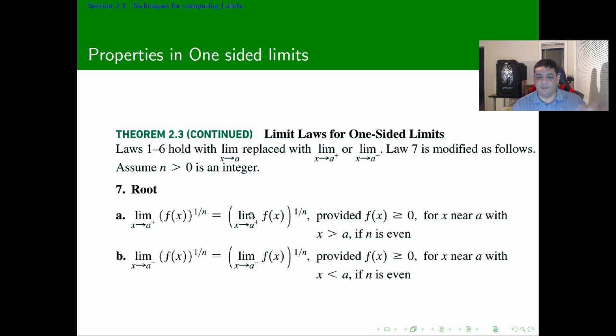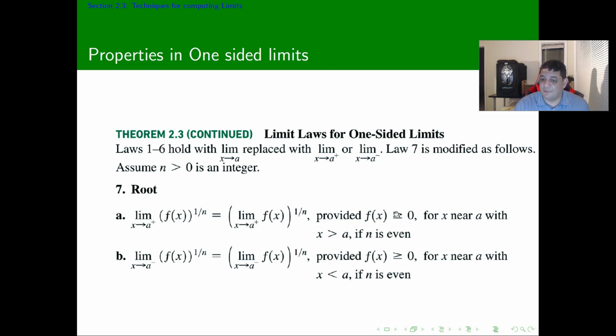So same thing here. 1 over n is the nth root, right? So if this n is even, we need that whatever is inside in this limit is positive.